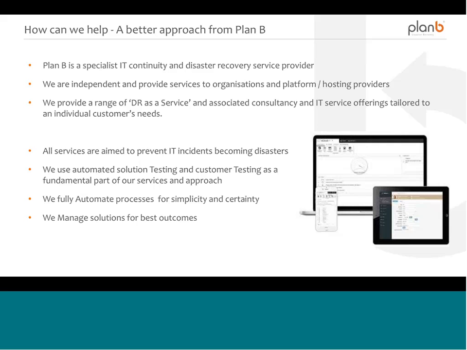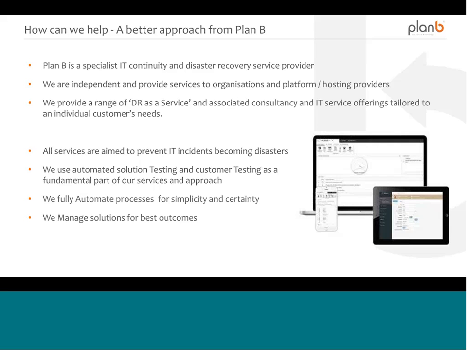So we like to think of ourselves not as disaster recovery providers, but as people who avoid disasters for our customers. You can't help an IT incident happening, it's inevitable, but the way you handle it and the way you have prepared for it will definitely be an absolute judge of your business and of the damage that incident causes.